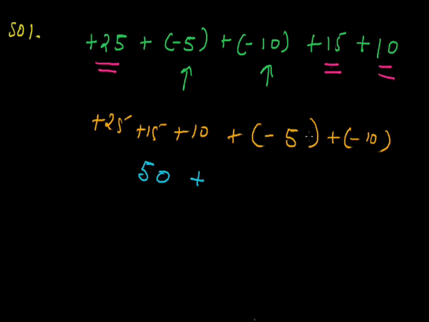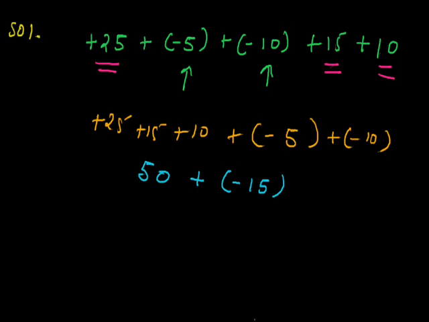Plus here it will be minus 5 plus minus 10, it will be minus 15. So 50 minus 15 will be 35. So his final score will be 35.